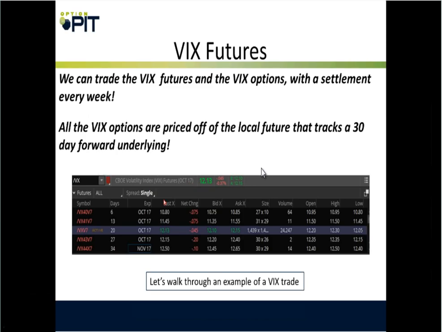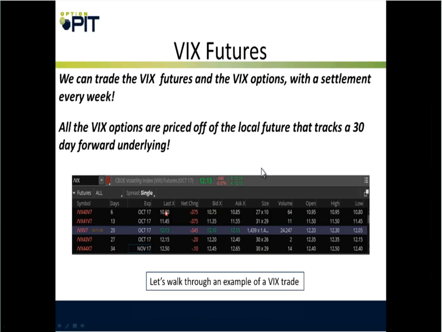So on this day, I think VIX was trading right around 10 bucks. Okay, 10 bucks. The October, the spot future at the time, the OX17 future was trading 12.13. It was trading about $2 over where the cash is.